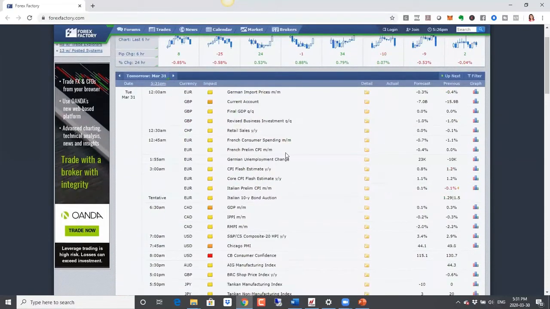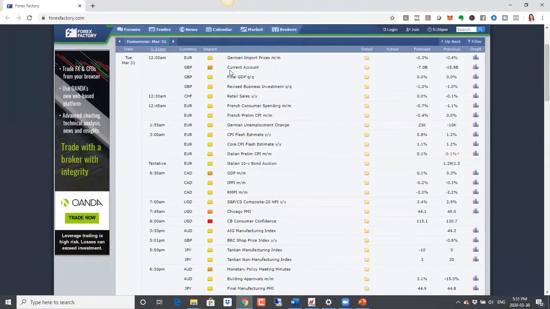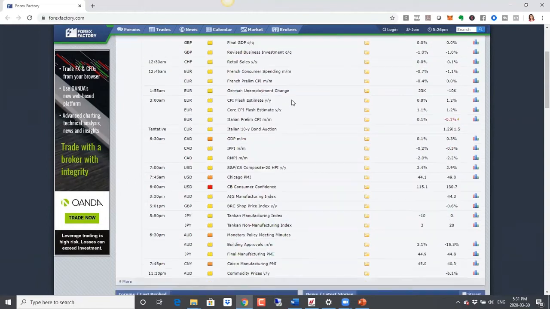And then coming up on March 31st here, we have current account here for the UK. So this one is expected to be a little bit better than the previous number. But again, if this drops, we're likely to see a negative impact on the British pound here.